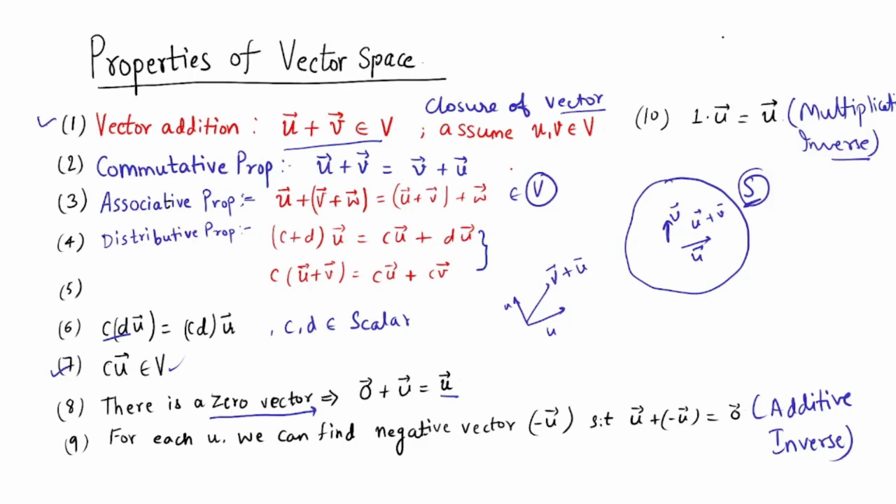This will give us the same vector. Property number 9 is that we need to find the additive inverse of the same vector, and property number 10 is dealing with the multiplicative identity. So 1 times u will result in the same vector. Now we have addressed the properties of vectors.